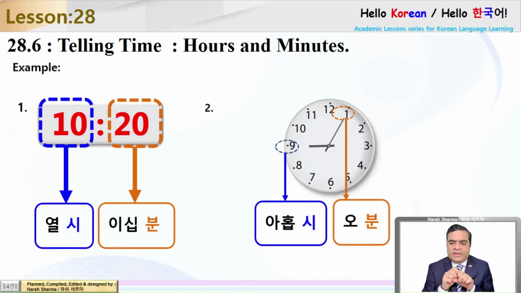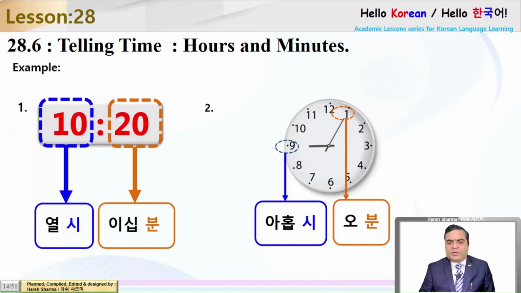The Sino-Korean number for 20 is iship. And to express minutes, we have to add pun. So the time will become yol shi iship pun. Are you understanding or not, everyone? How to express time? Again, for the hours, add shi with native Korean numbers, and for the minutes, add pun with Sino-Korean numbers. So the first is yol shi iship pun.